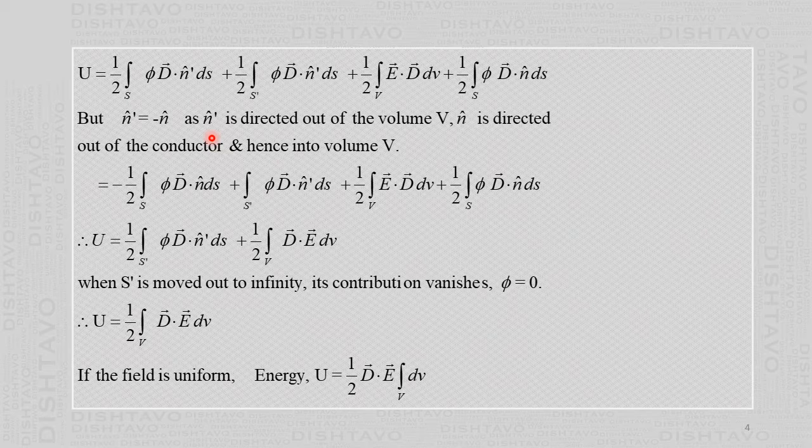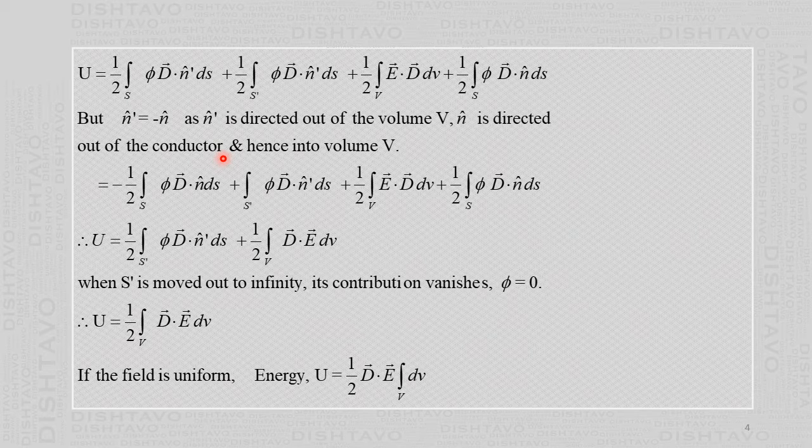Then n dash equals minus n, because that surface S dash is the surface covering that charge distribution. For a closed surface, the direction of the area vector is perpendicular, outward. So the direction of n dash is directed out of the volume. But those conductors are inside the outer surface.